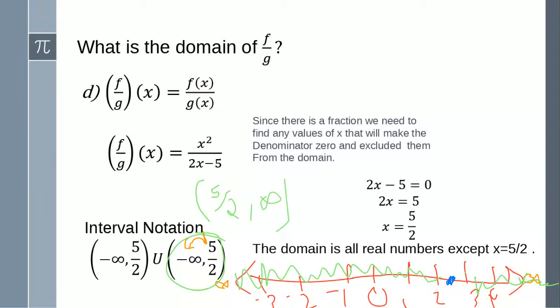Okay, and one way you can make sure that you keep your answer straight here is that the smallest number should always be on the left side. So in this case, it's still on the left side, but it shouldn't have been negative infinity. It should have been positive infinity. So our answer is going to be negative infinity, comma 5/2, union 5/2 to infinity.